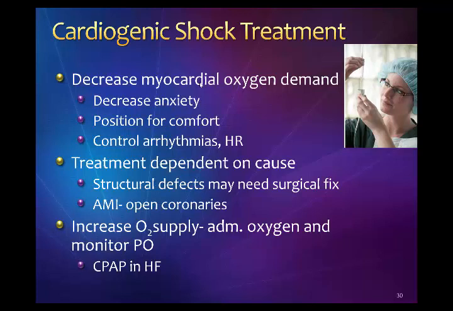Then in regards to treating the cause, let's say they have aortic stenosis that's leading to our cardiogenic shock, or they have a 100% occluded coronary vessel, then we would do the surgical procedure that would reverse that situation. If they're having a hard time controlling the patient's oxygen, they can even use CPAP or a BiPAP or something like that.